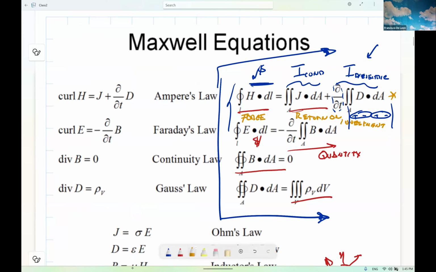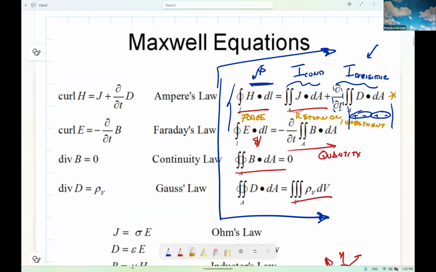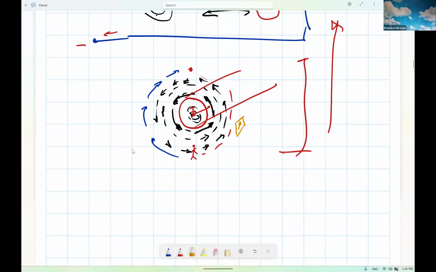So you put this much force and you get that much quantity. Or you put this much quantity and you get a certain amount of force. It's reversible, as we said before. All right. So any questions to this point?